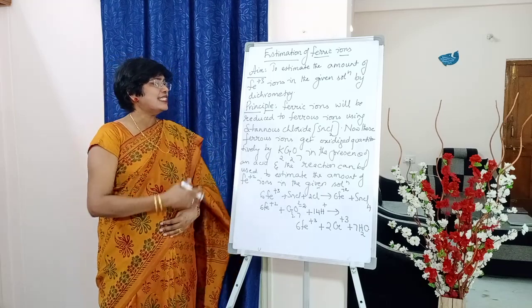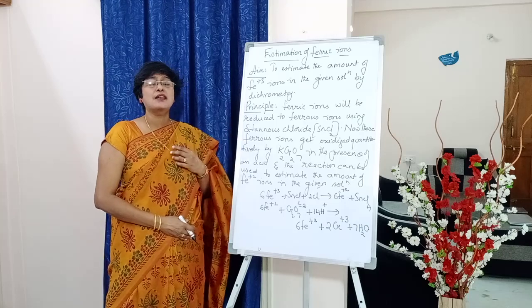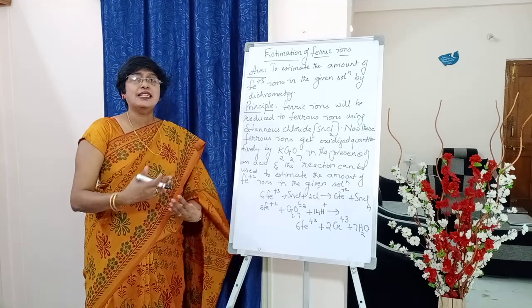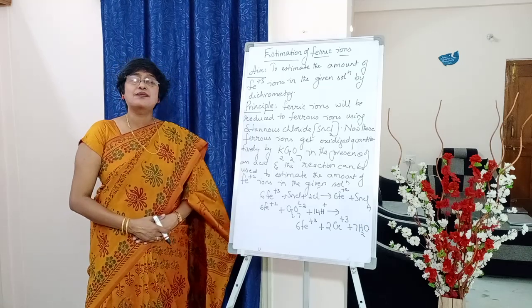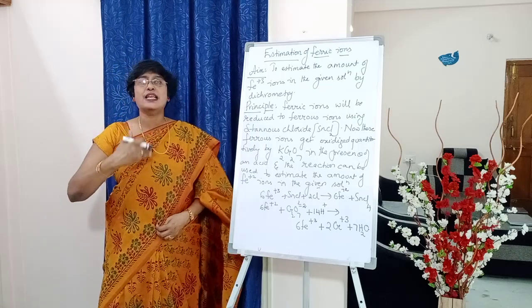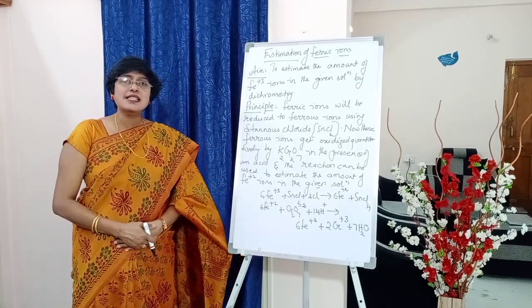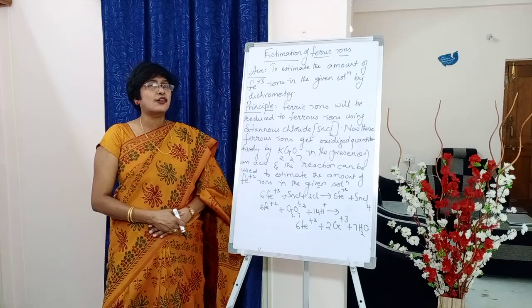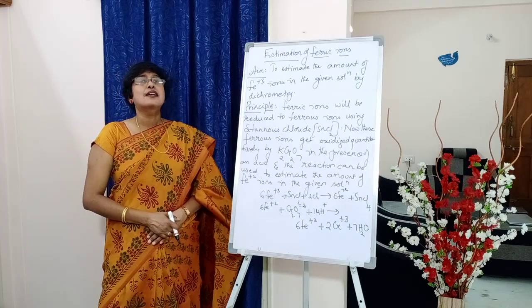So this is the principle, students. From the second sentence, it was the principle for the previous experiment. Here we are estimating the amount of ferric ions. First, we reduce ferric ions to ferrous ions, then we oxidize ferrous ions using potassium dichromate, and from that we can estimate the amount of ferrous ions.